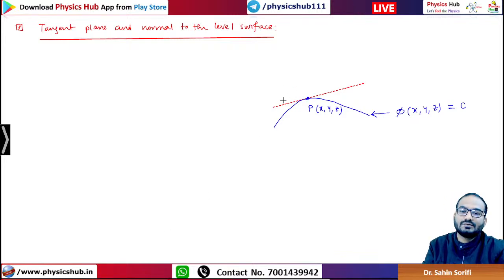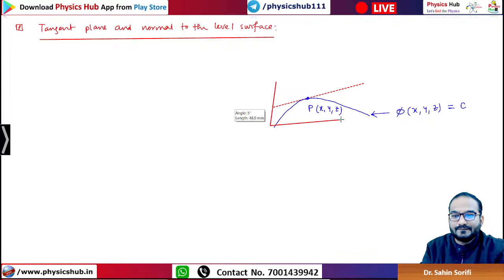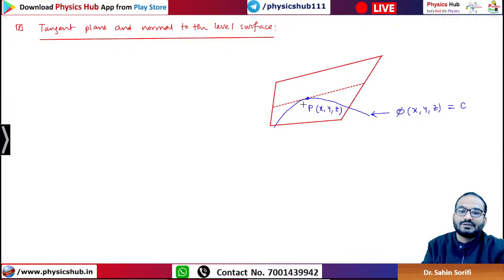Tangent plane is like if you just keep many lines one after other, then it will give rise to a plane. What do I mean? If you do it in this way, then this becomes a plane. Okay, so you have to find out the equation of this plane.